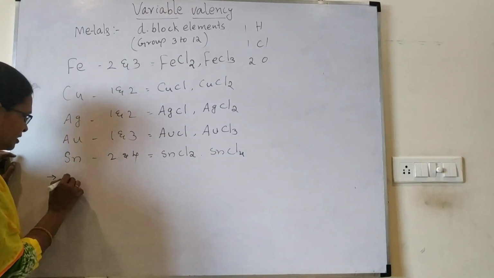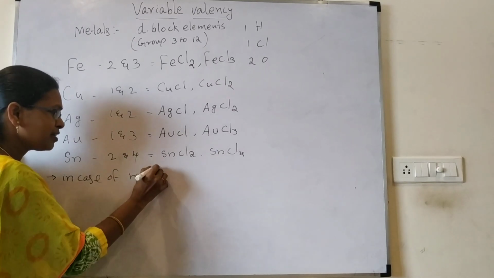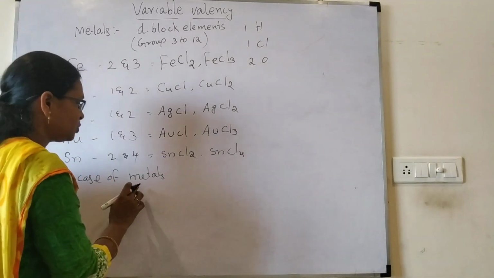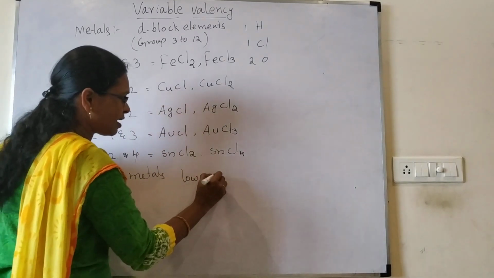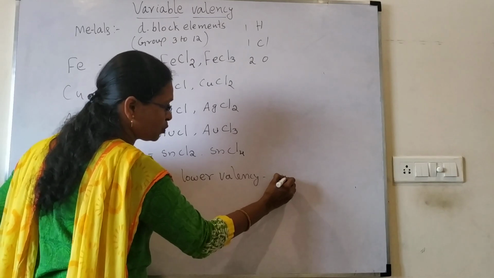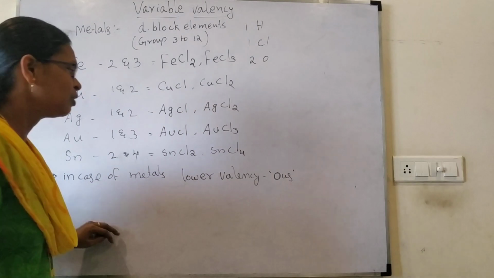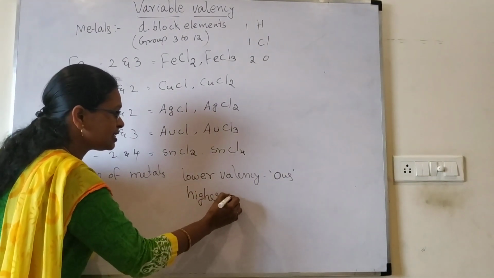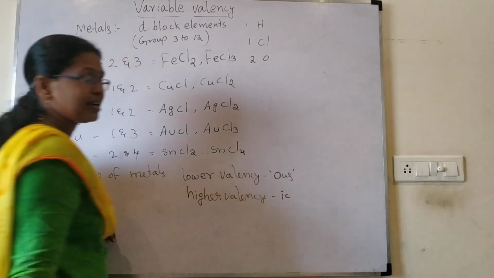In case of metals having more than one valency, that is a variable valency. So here, metals you take, if lower valency we are taking, we are calling it as OUS, lower valency we are considering as OUS, and higher valency we are saying as IC form in the last, higher valency IC.